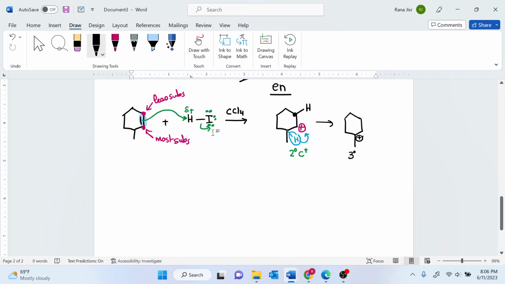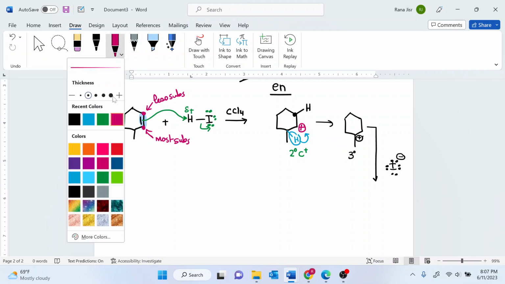Now notice that this carbocation, it is planar, yes, but it doesn't have three different groups on it. So it's not a potential for a chiral center. So once I go ahead and use the iodine now, don't forget that you are not done yet, because iodine is still in the solution. This is I minus, it's still in the solution, and it's waiting until you form the most stable carbocation so that it comes and attacks.